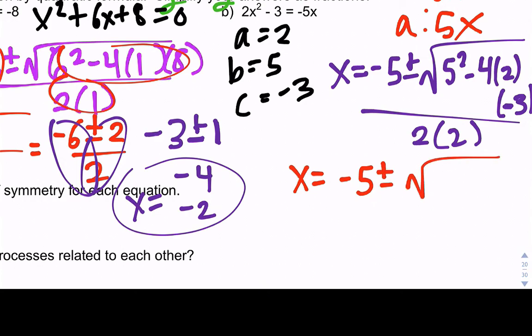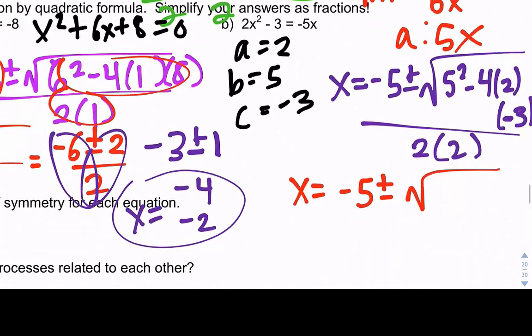Again, calculate the discriminant, your 3 chunks. So we have 5 squared minus 4 times 2 times negative 3. Let's see, I calculated that before. Let's do it again. 5 squared is 25 minus 4 times 2 times negative 3. 49.